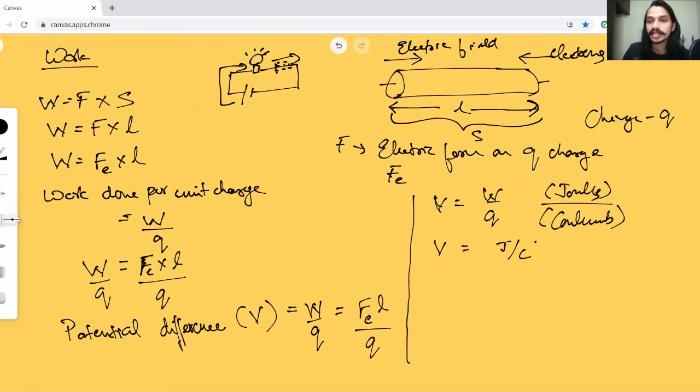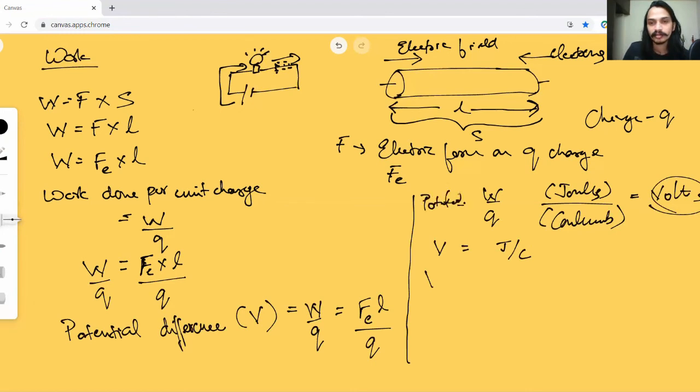This joules per coulomb is also called a volt. Okay, volt or volts. So voltage, since this is going to be confusing with the alphabet V, I'll just write this as the word voltage or potential difference.